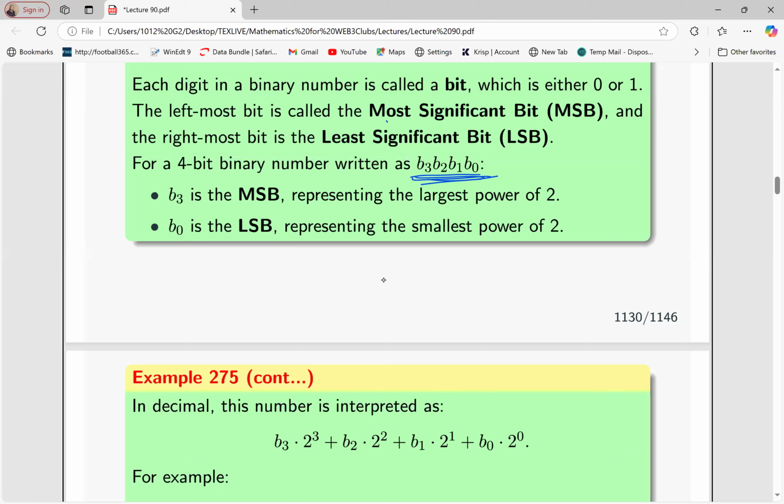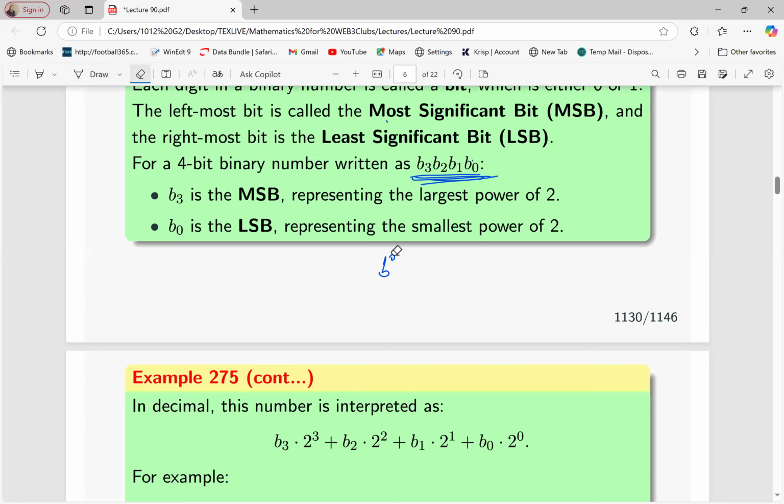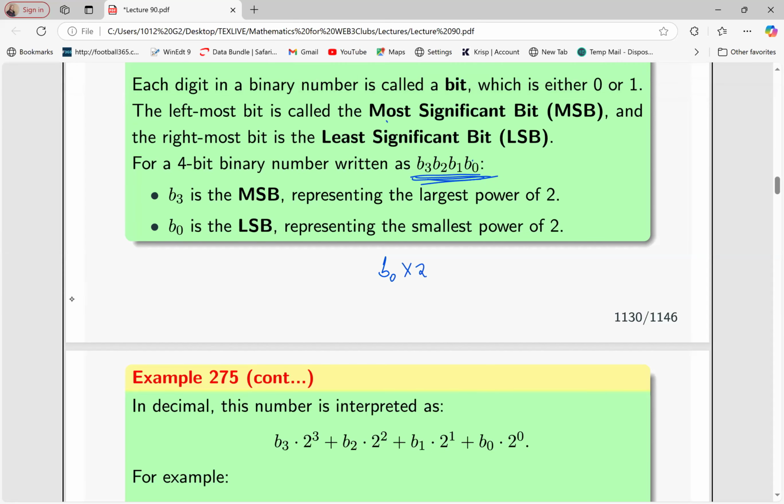We say that this is the least significant bit. Let me write it properly. The least significant bit is multiplied by 2 raised to 0. Then the one that follows, B1, is multiplied by 2 raised to 1. Then the one that follows, B2, is multiplied by 2 raised to 2.